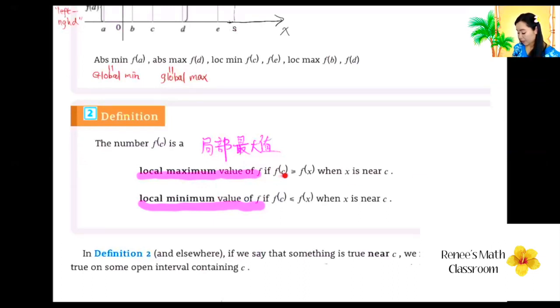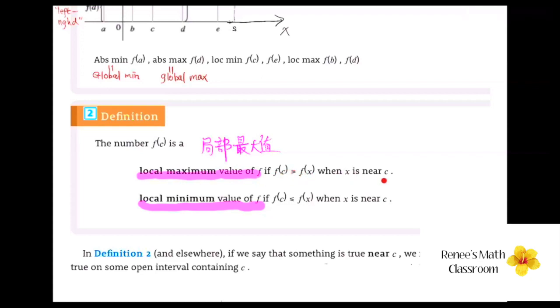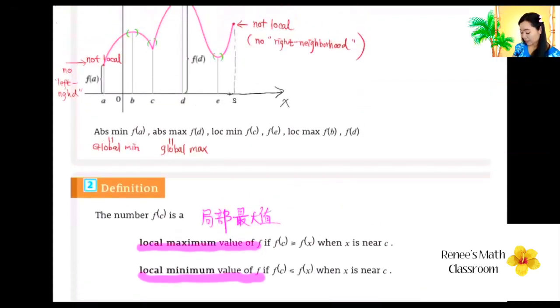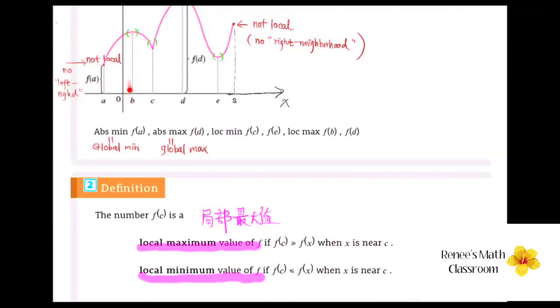So if the function value f(c) is greater than or equal to f(x) when x is near c, so consider this neighborhood over here, when x is near this c over here, then the function value is bigger than or equal to the function values in this neighborhood.